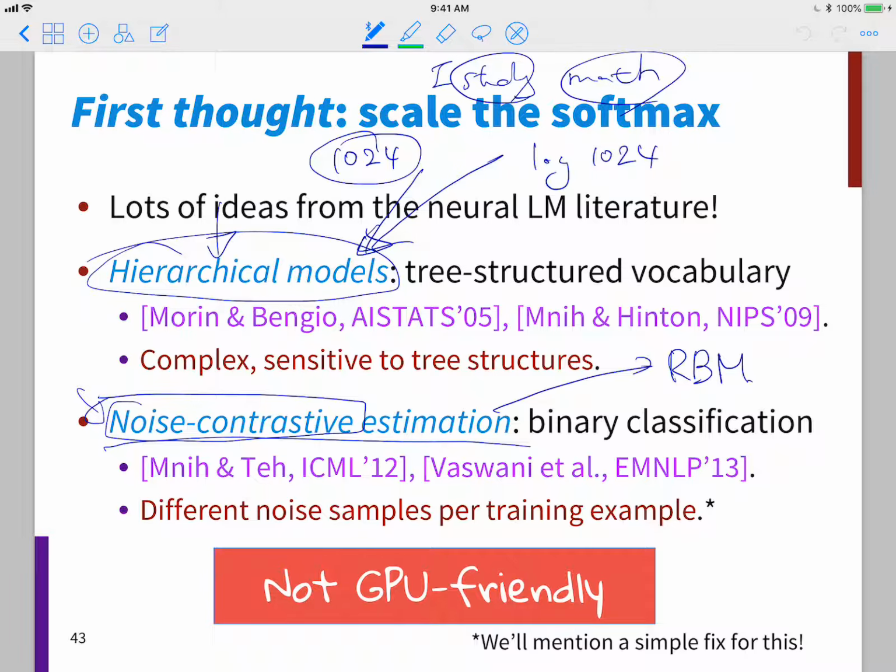And the reason why this is not GPU friendly is because we have to generate these negative samples on the fly. So in that case, we cannot do the batch processing or parallelization done internally within the GPU.